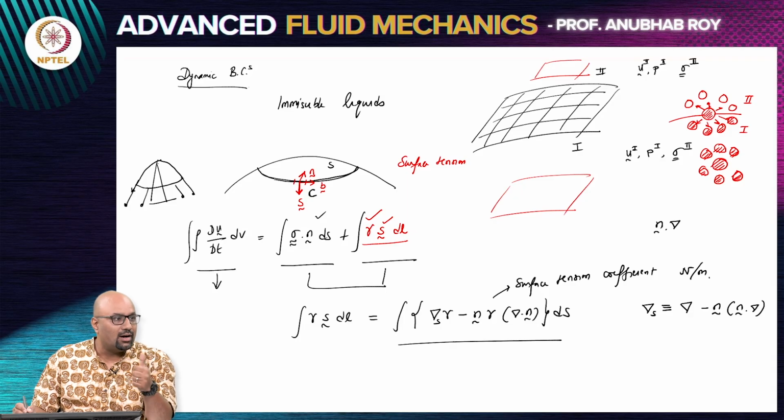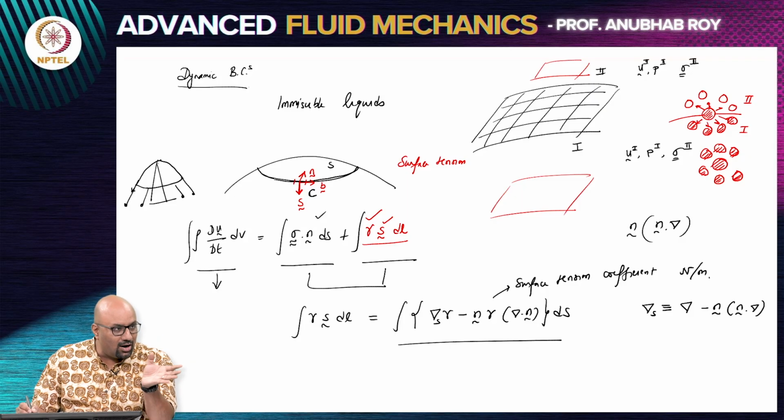Z cap dot del is nothing but dou z. X cap dot del is nothing but dou x. Similarly, N dot del is the derivative which is pointed in the normal direction. When I multiply this with N, I basically get a vectorial quantity. So, x cap into x cap dot del is basically x cap dou x.